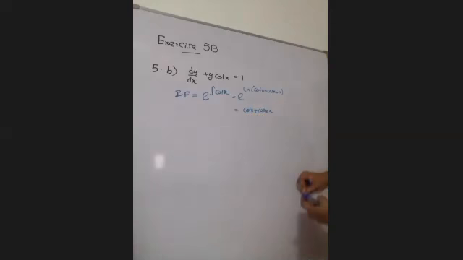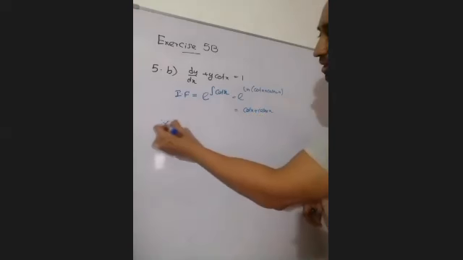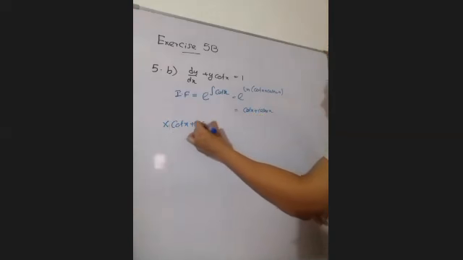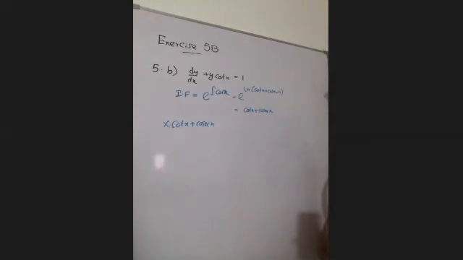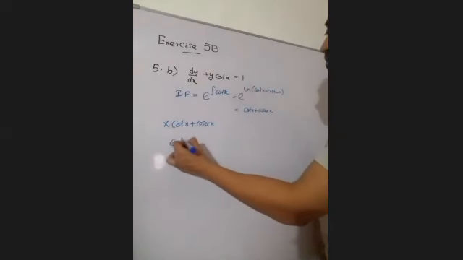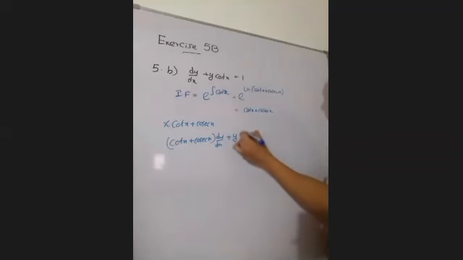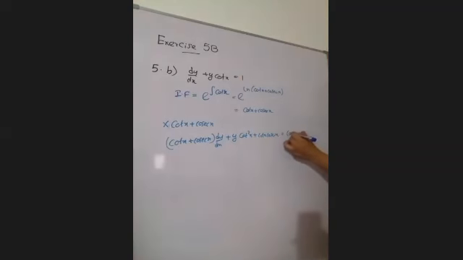Then what you can get here is, after that, multiply everything with this, cot x plus cosec x. Then if you multiply everything, this is cot x plus cosec x dy by dx plus y multiplied by cot squared x plus cot x cosec x is equal to cot x plus cosec x.